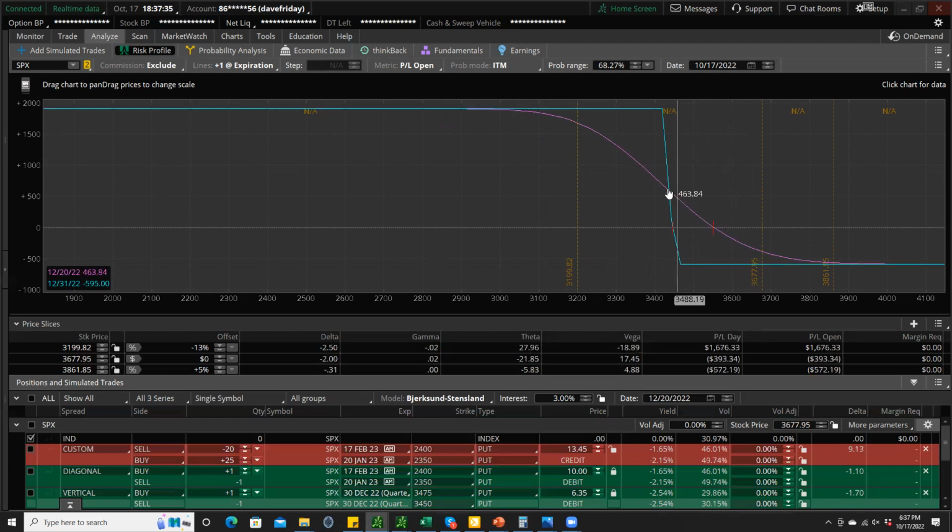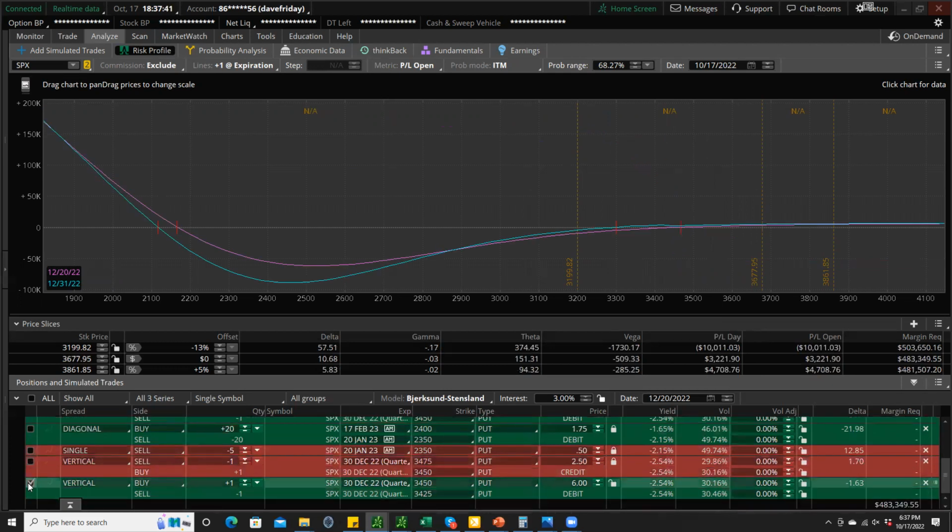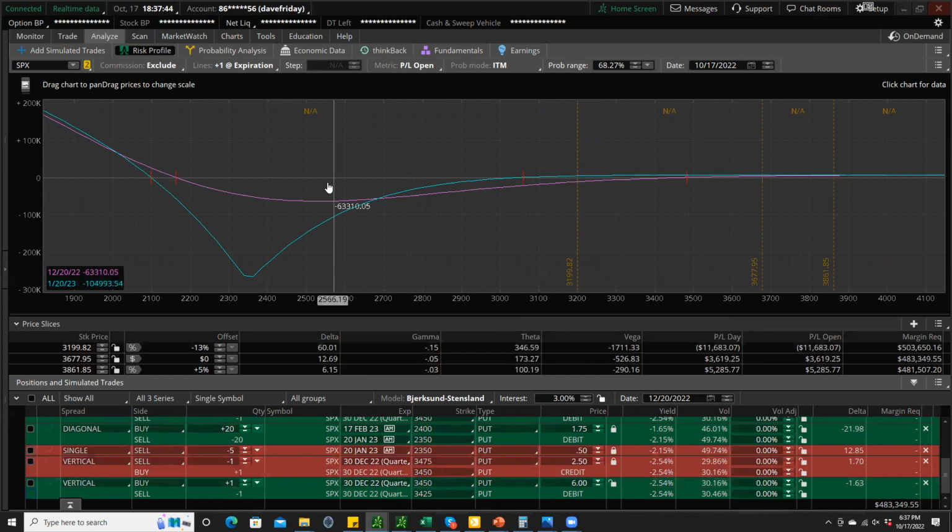If we get beyond here, then we start getting into what we call that trough here. And we get down into here. Well, this is way beyond 13% down, way.